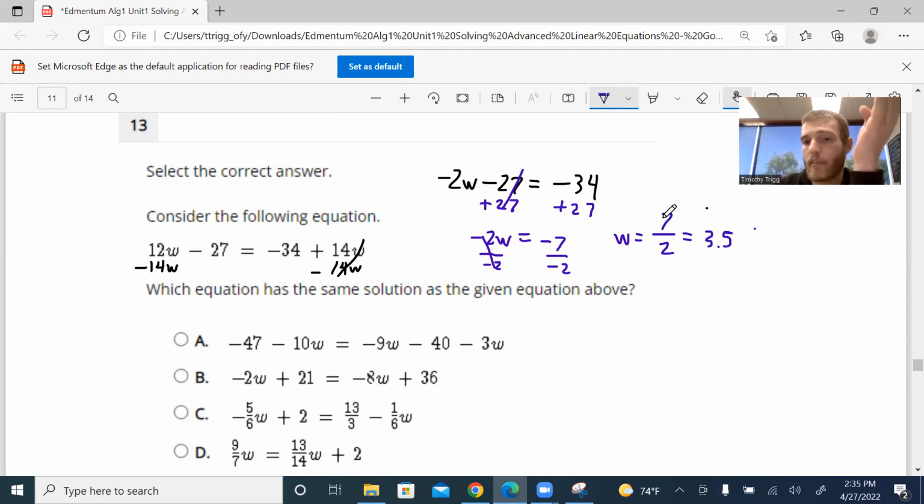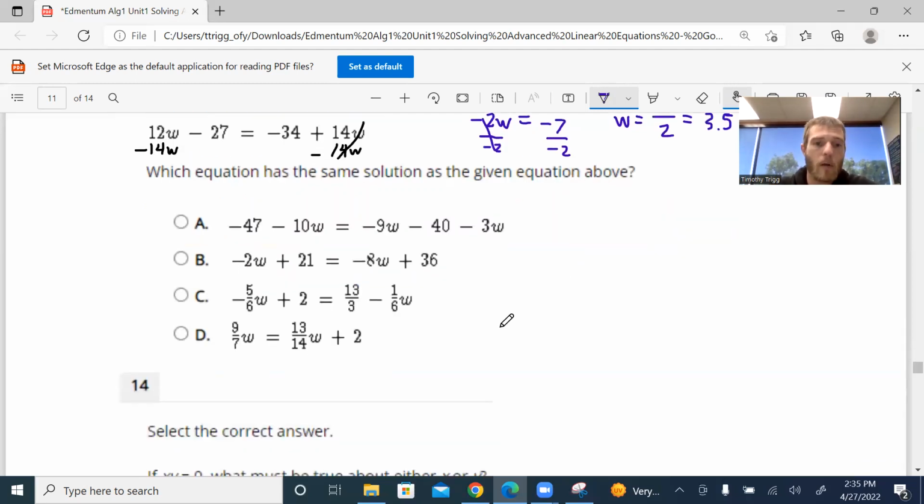You could always divide 7 divided by 2 in the calculator, and it'll give you the decimal. Okay. The reason it turns out to a decimal is because 7 doesn't divide by 2 evenly, right? 7's not divisible by 2. So you're going to end up with a decimal there. So figure out which of those would give you the same answer. I haven't solved this one, so I don't know.